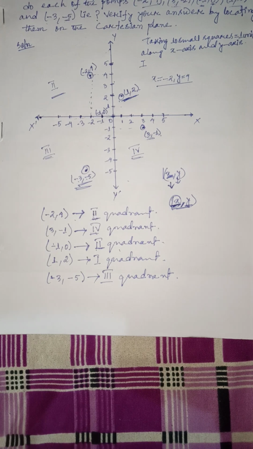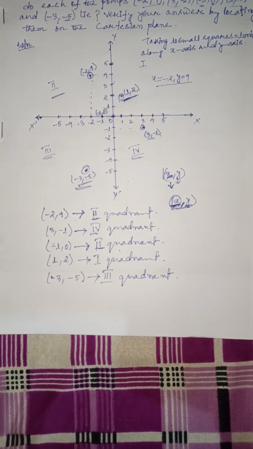By using whatever values are given to x as well as y, you put the point in this plane. If x is negative, then you move in the left direction, and if it is positive, then move to the right. And in case of y, if you find a negative value, then move downside. If it is positive, then move upside.